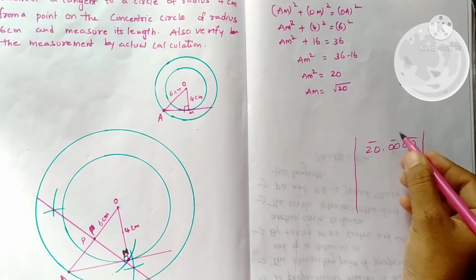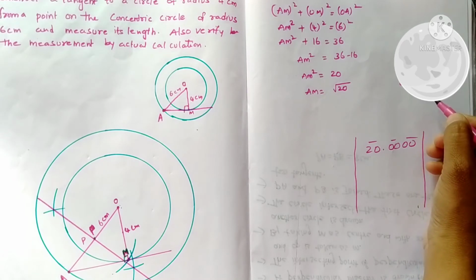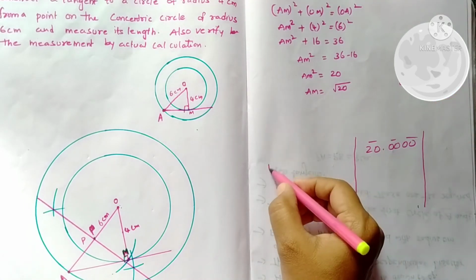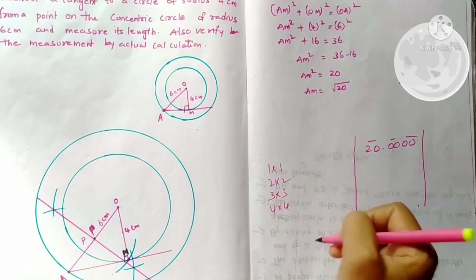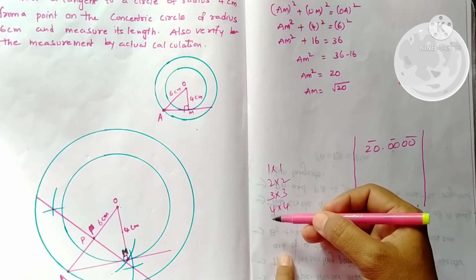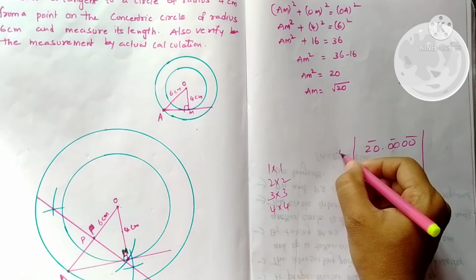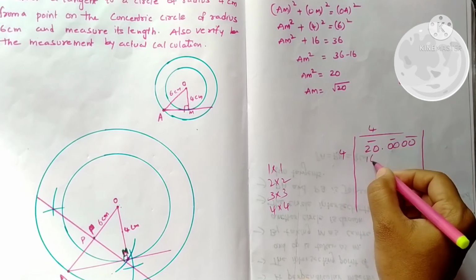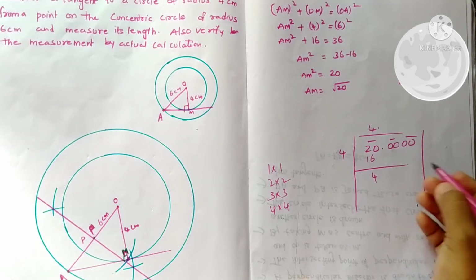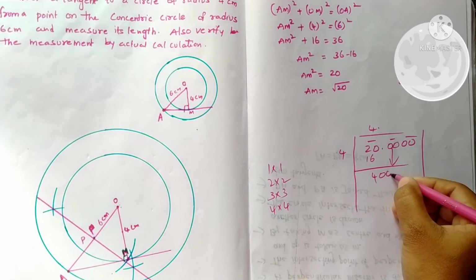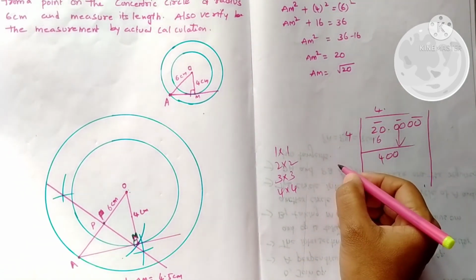Now we are finding the square root, so we want to read the square table: 1 into 1, 2 into 2, 3 into 3, 4 into 4, like this. 4 4s are 16, which is nearer, and 5 5s are 25, which is more than this. So take 4. 4 4s are 16. If we subtract, the decimal point is there now, so put it here and bring down these two zeros. Now just double the number in the quotient.